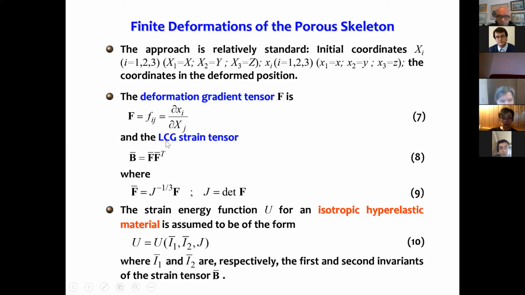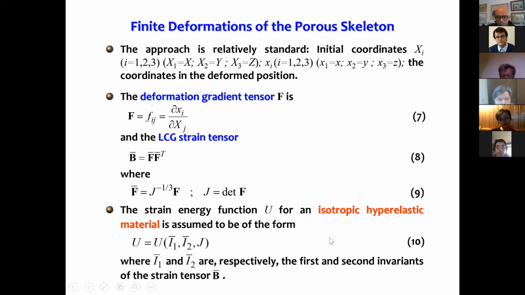And the left Cauchy-Green strain tensor is really F multiplied by F transpose, which is really conventional continuum mechanics. And the F bar is, of course, the Jacobian of the deformation gradient tensor multiplied by the deformation gradient tensor itself.